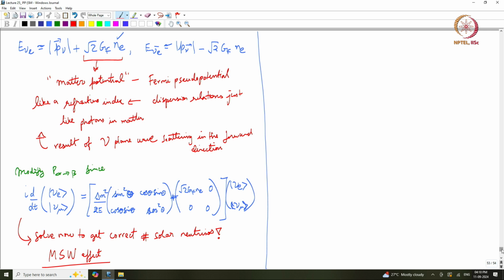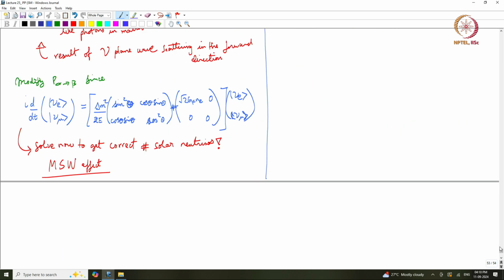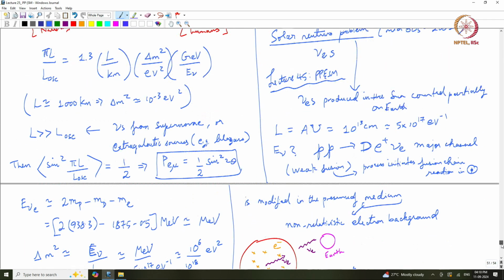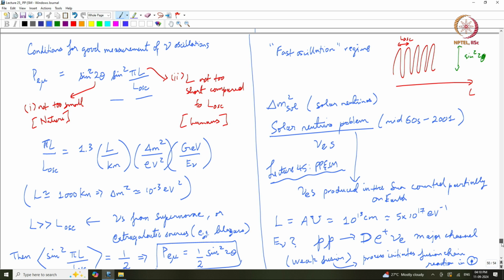So, this turned out to be important not only in solving the solar neutrino problem, but also in fitting the delta M12 squared, better to just call it delta M solar squared, and that is what we got as 8 times 10 to the power minus 5 electron volt squared, correct. There we are.